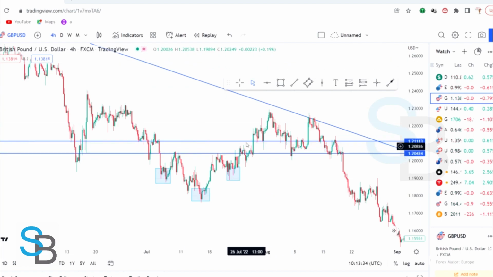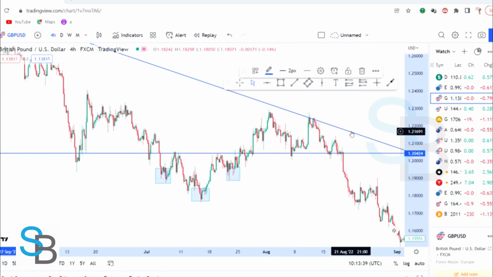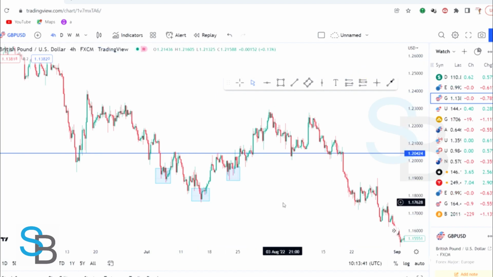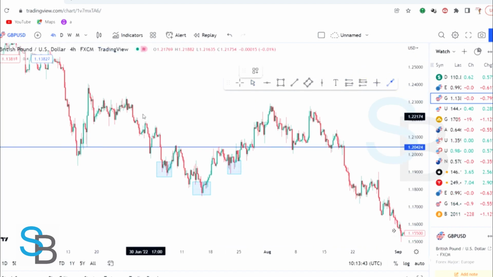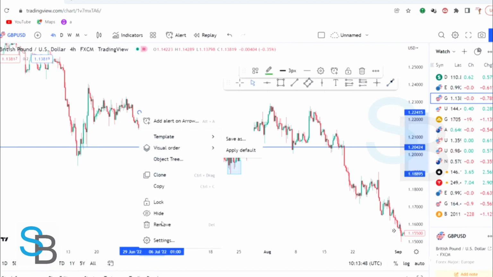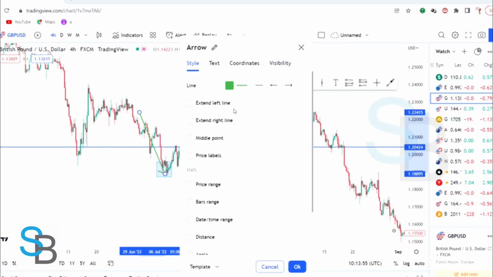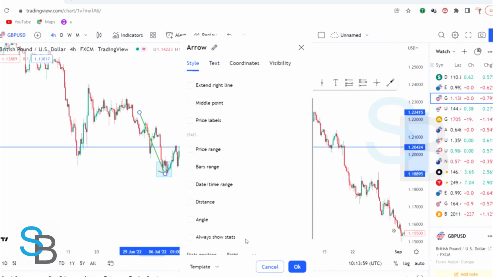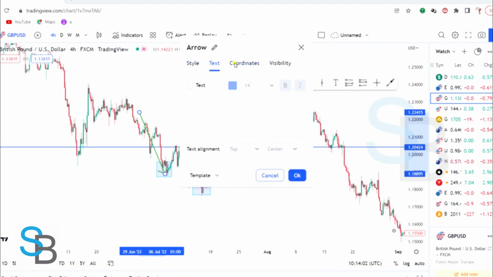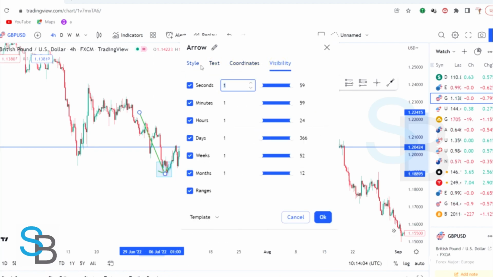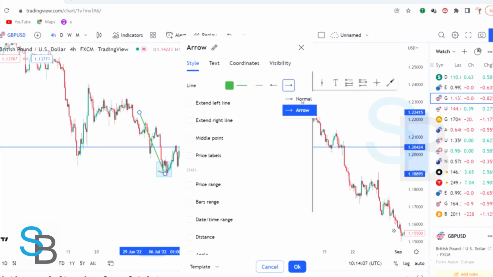So the market came here. Let's just delete some of these irrelevant levels. The market came here, came like this, made this. Let's just make this a normal arrow.